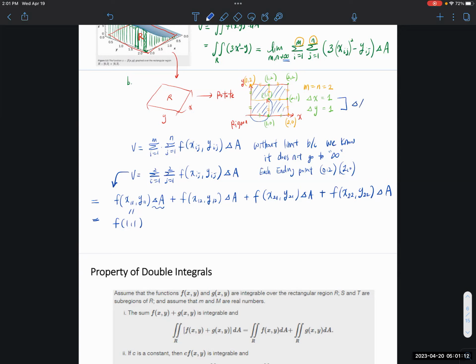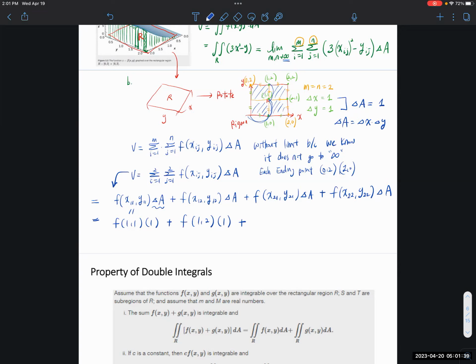If you multiply delta A, it's going to be 1 because delta A means partition x times partition y. So every square's delta A is going to be 1. Second one, 1, 2. So I have 1 up to 2, right? So that is going to be 1,2. So f of 1,2 times 1.